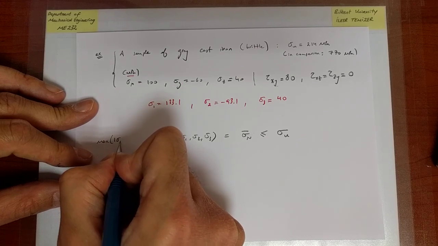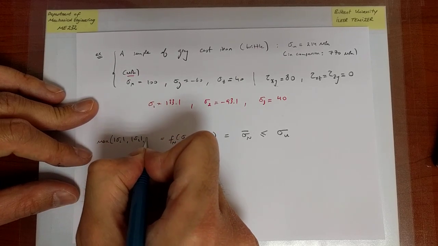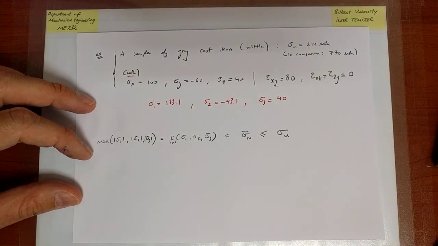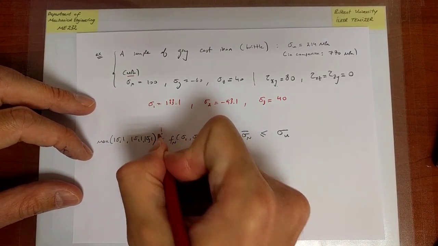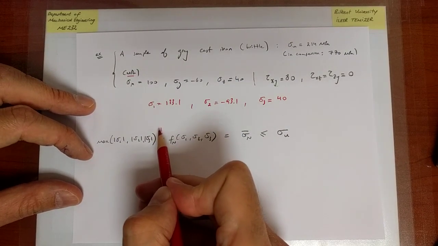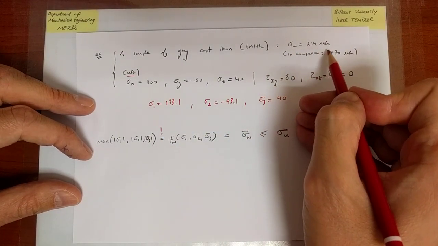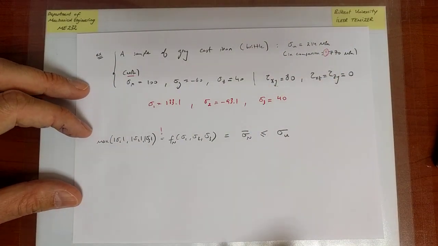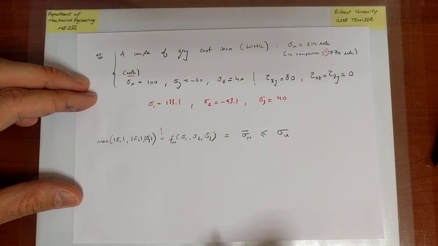So I need to look at the maximum of sigma 1, sigma 2, sigma 3. And I need to check, remember, that I have a tension-dominated scenario. That's what this indicates, to make sure that I do not make an over-conservative or wrong prediction in general.